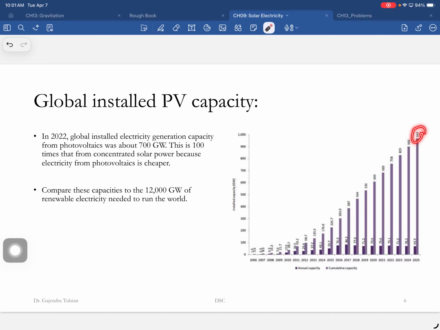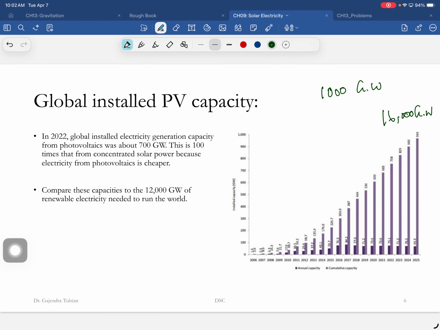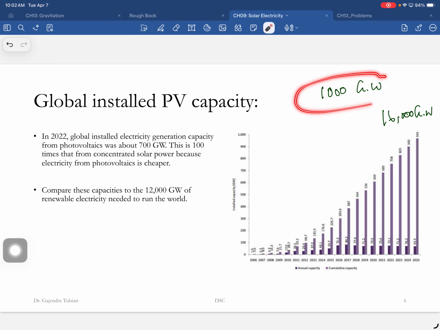All right, why is this photovoltaic installation exploding? You can see that the capacity has increased tremendously. Every year we are building about 70 gigawatts. So how long do you think it'll take to build a Hoover Dam?